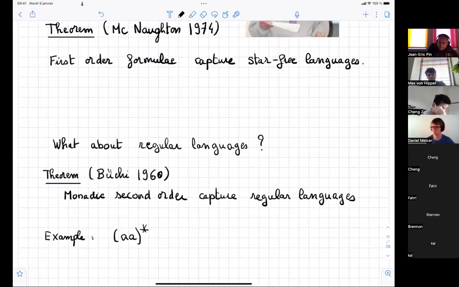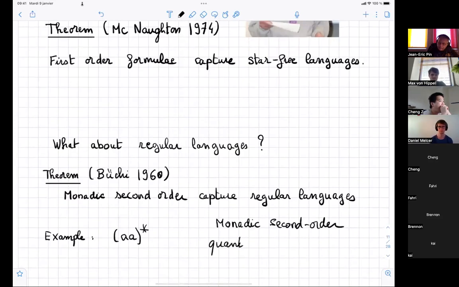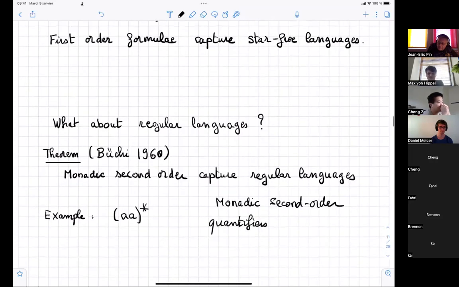So monadic second order means that you are allowed to quantify on sets of variables.